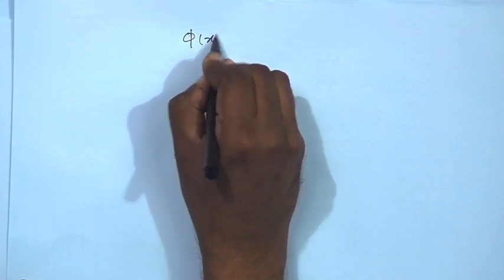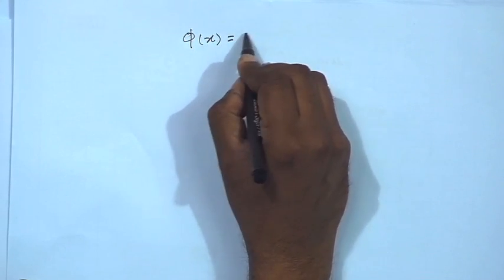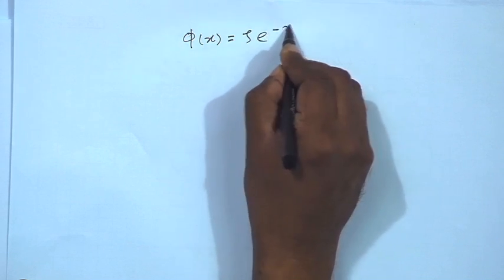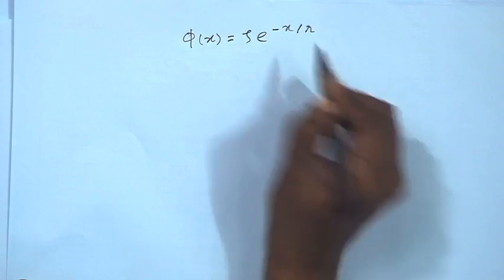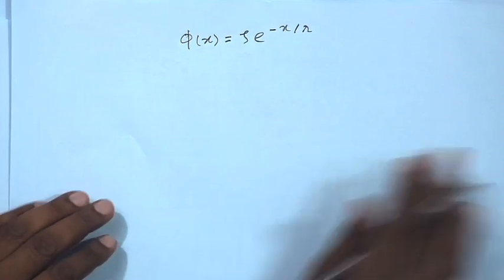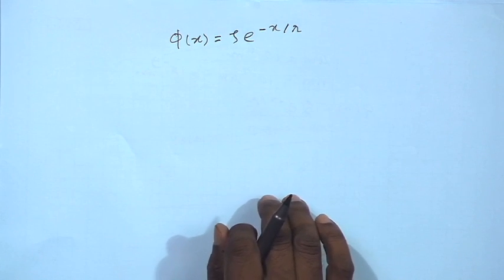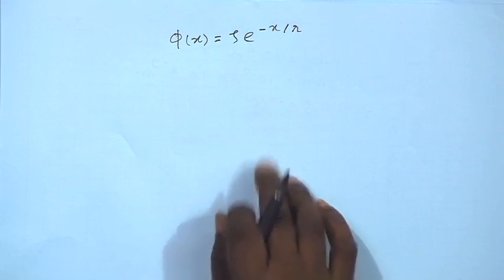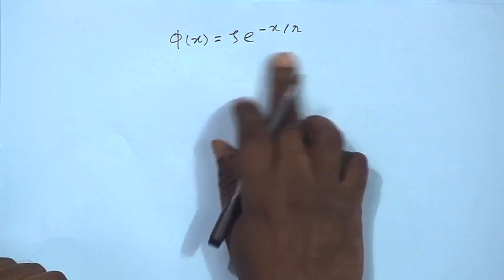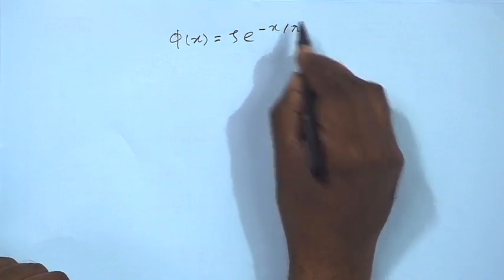So, phi of x equal to zeta e to the power minus x by lambda. Now, this shows that when lambda becomes small, x by lambda becomes large.